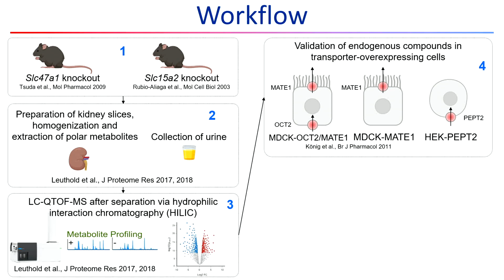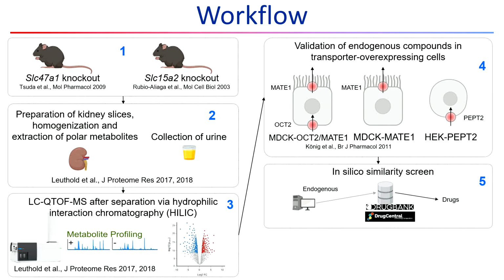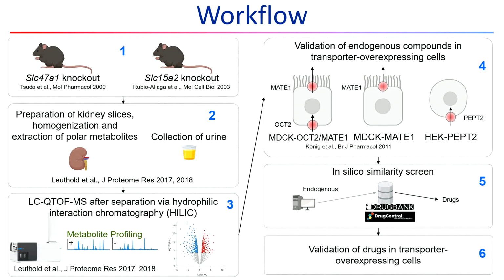So cellular accumulation, and here we just looked at what is flowing through. Then we hopefully identify endogenous metabolites, and then use the structures of those to do an in silico similarity screen using 2 drug databases, DrugBank and Drug Central, and then come to drugs. And those we validated again in transporter overexpressing cells that are shown in number 4.